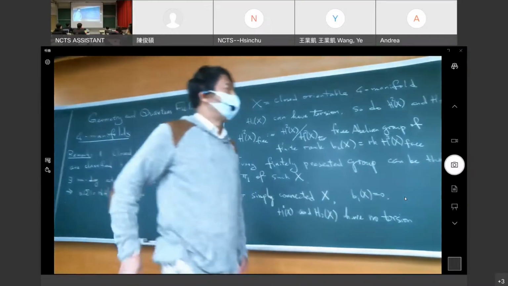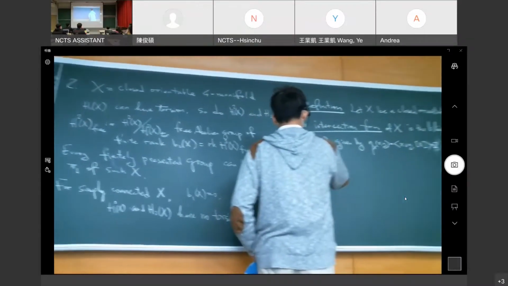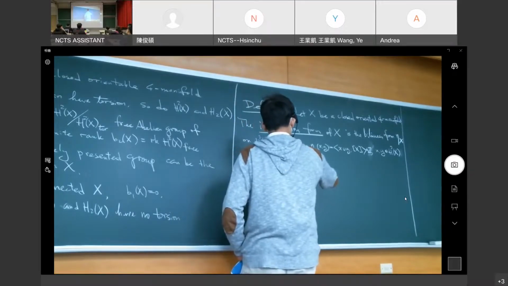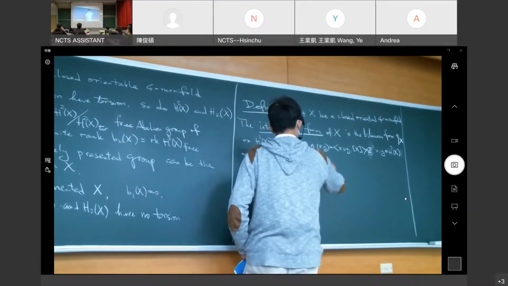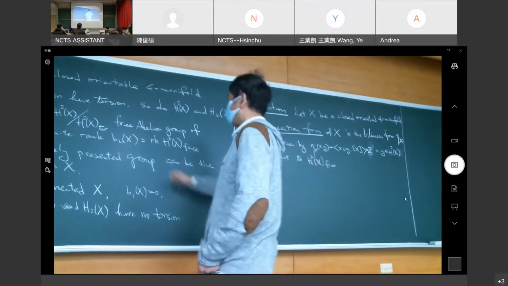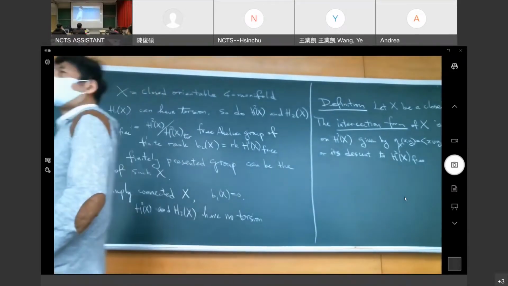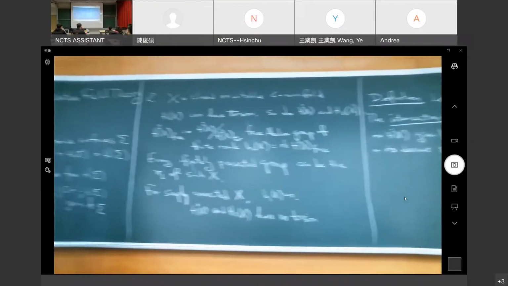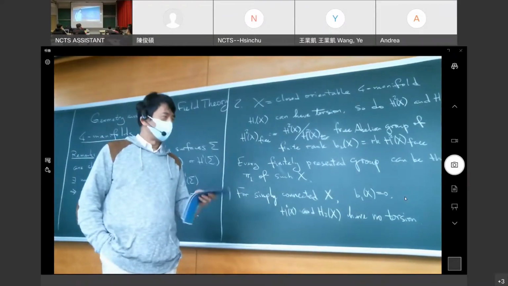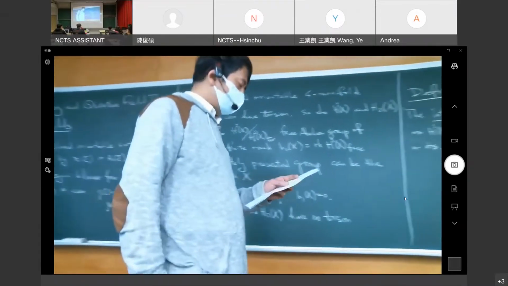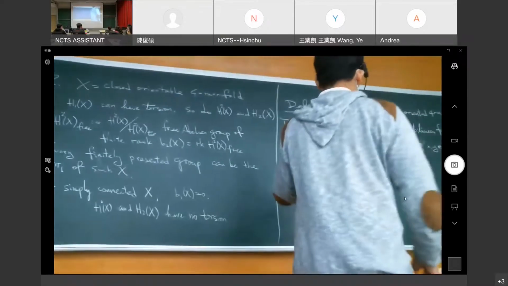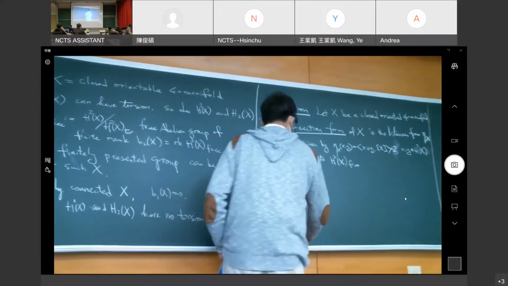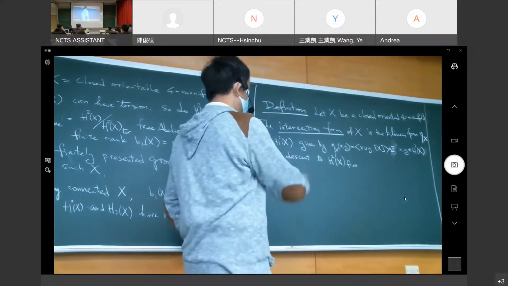Therefore, the intersection form descends to the free part of the second cohomology group, which I explained earlier is a free abelian group of finite rank, which we call a lattice. So this is the notion, and there are also other very simple concepts associated to that.